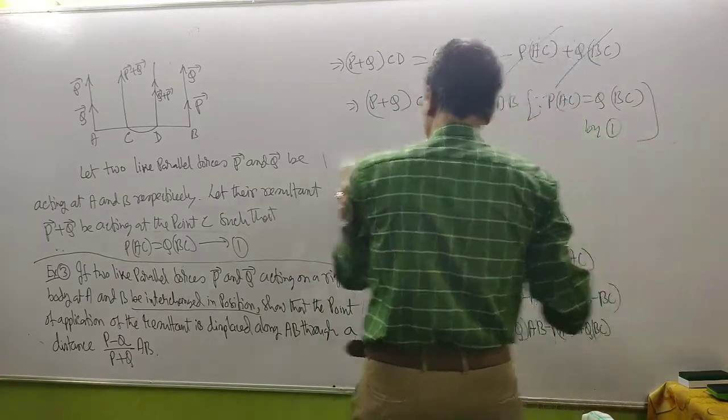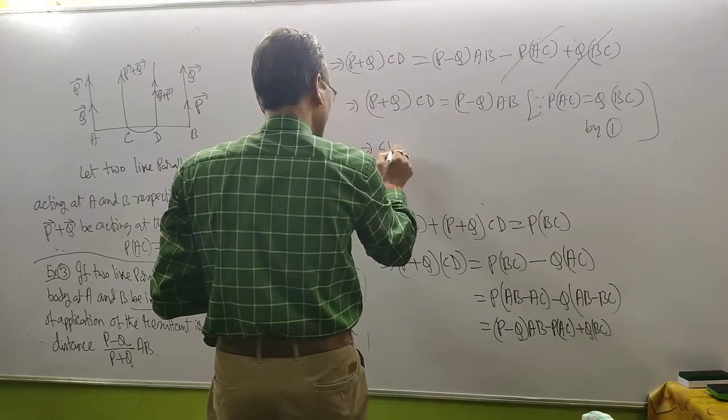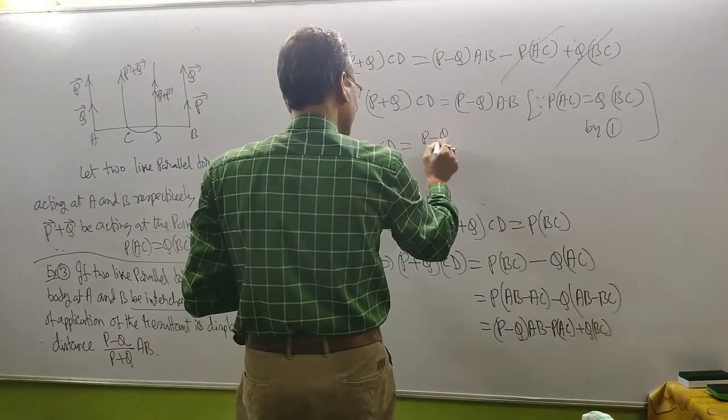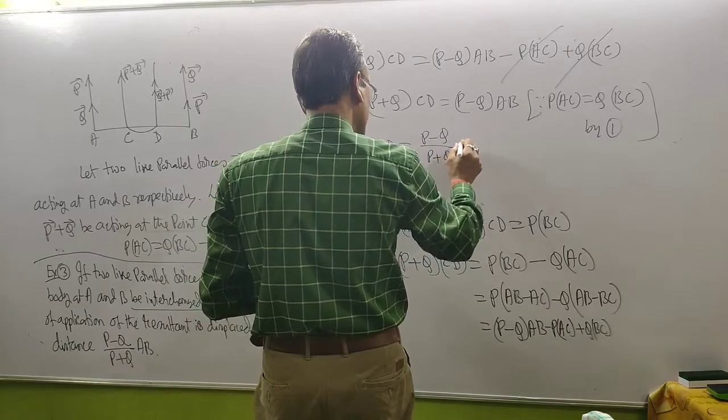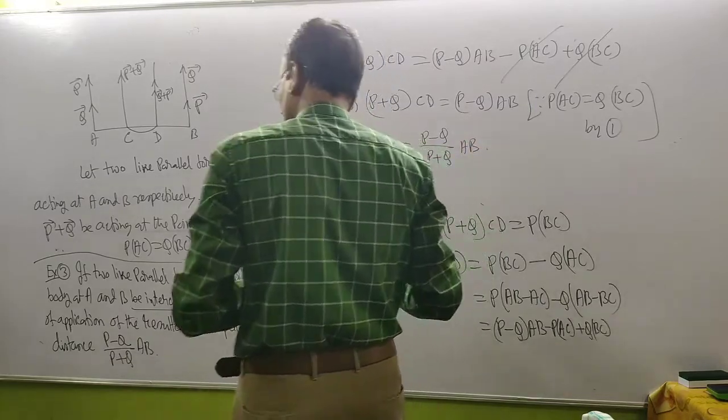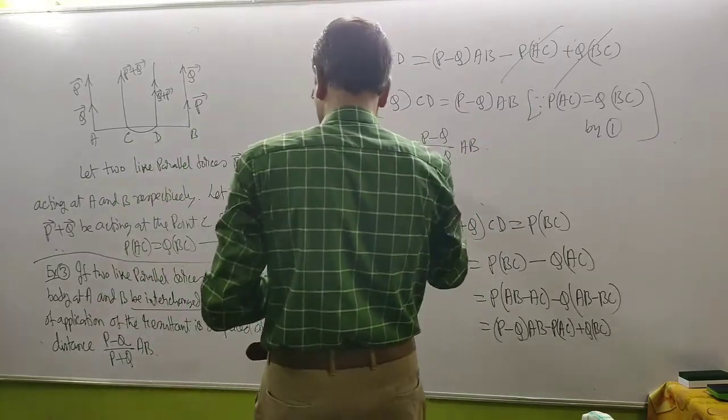Therefore, CD equal to (P minus Q) divided by (P plus Q) into AB.